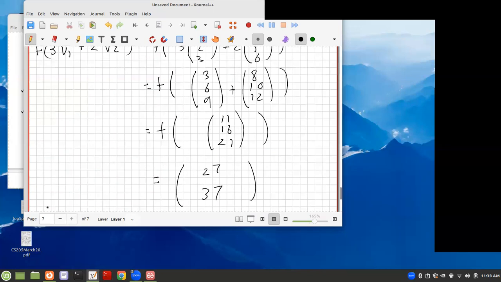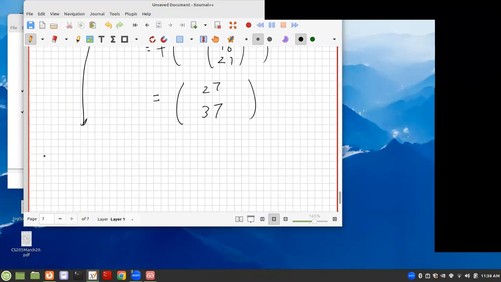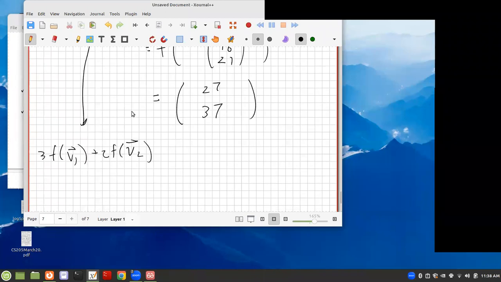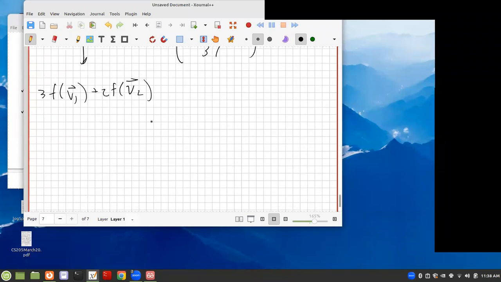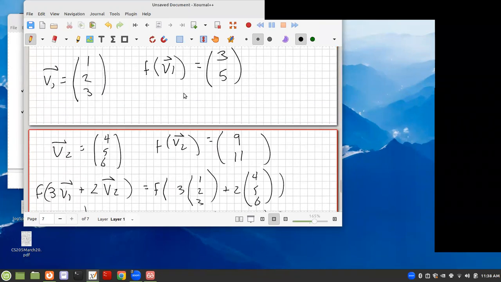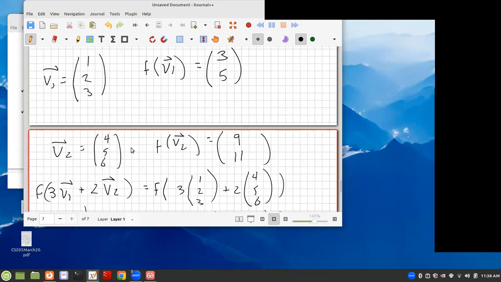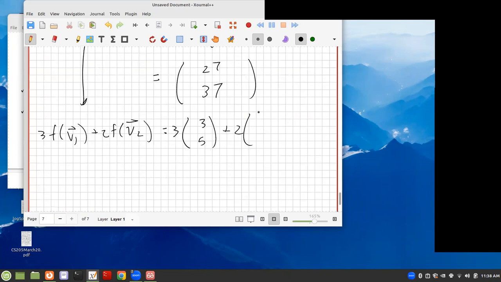So that's the image. Now the claim is that if it's linear, this should be equal to 3 times f of V1 plus 2 times f of V2. That's the linear property, right? So we can actually calculate this directly. This is 3 times the image of V1, which was 3, 5, plus 2 times the image of V2, which was 9 and 11.